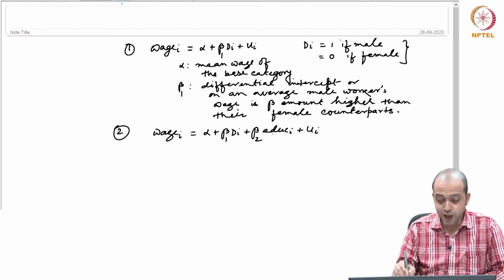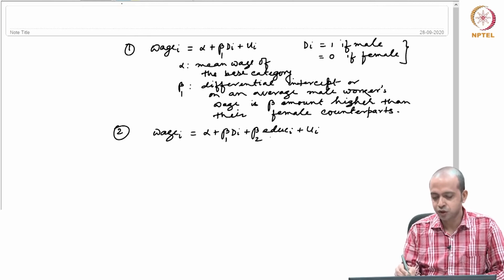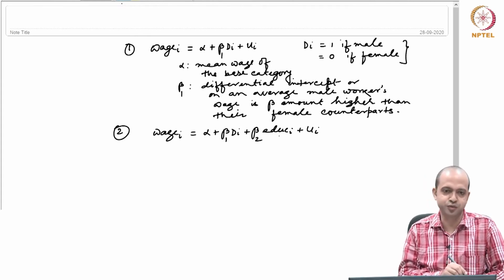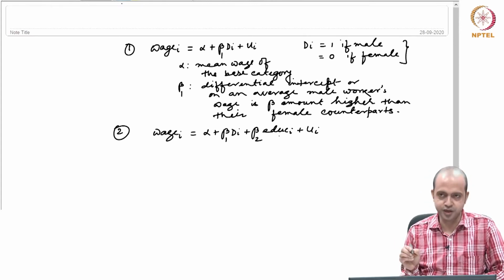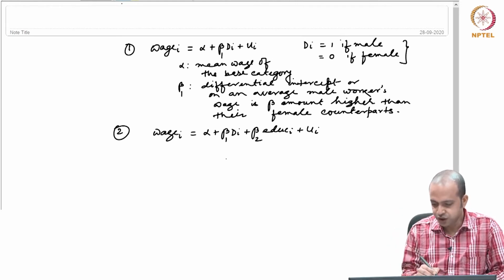Now, when we have the education variable, that means one quantitative variable involved in the model, the interpretation of alpha is not basically the mean salary of the base category, because you have education also involved. So, in that case, alpha is basically the intercept, and beta 1 would be again the differential intercept.